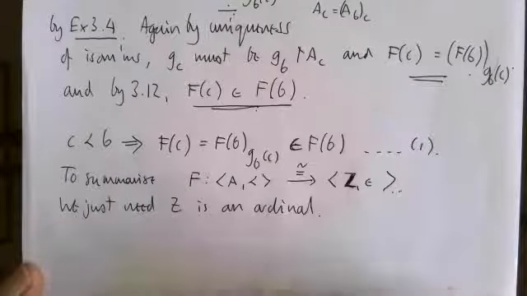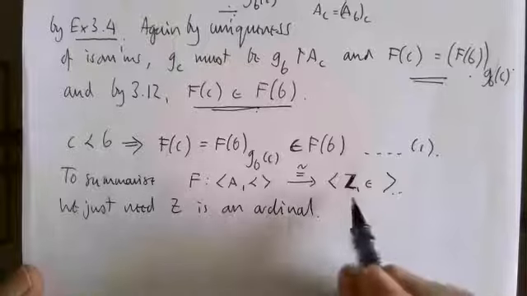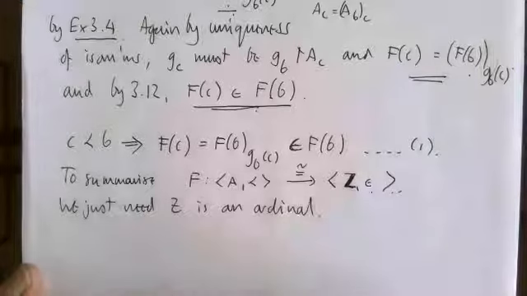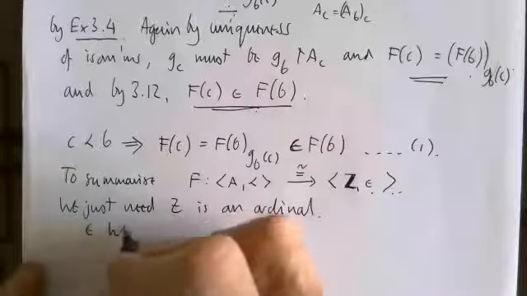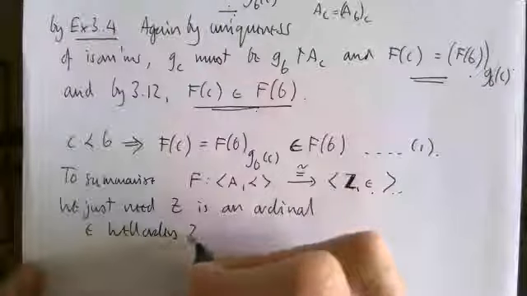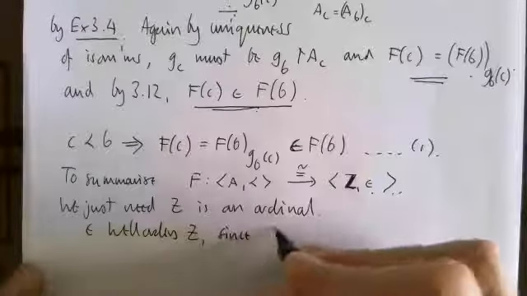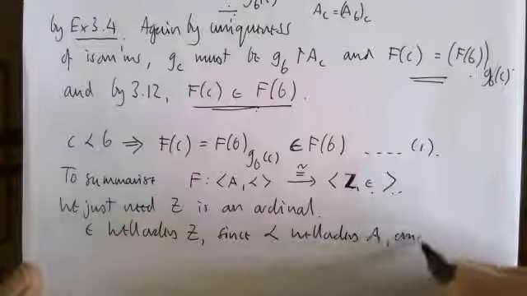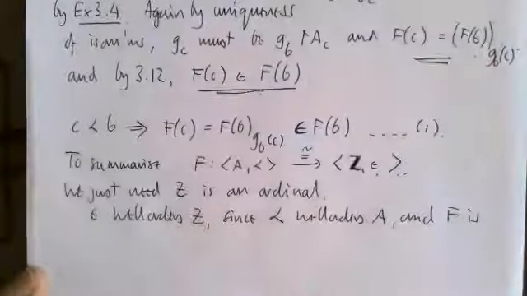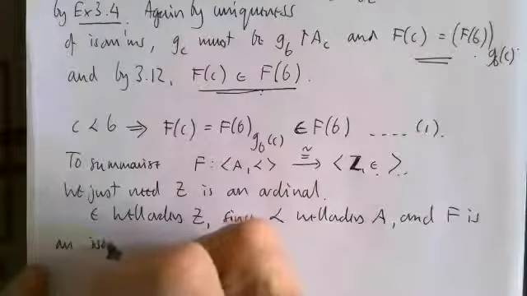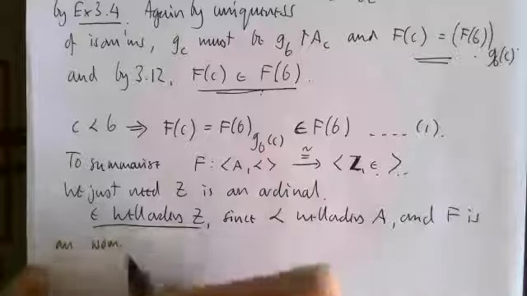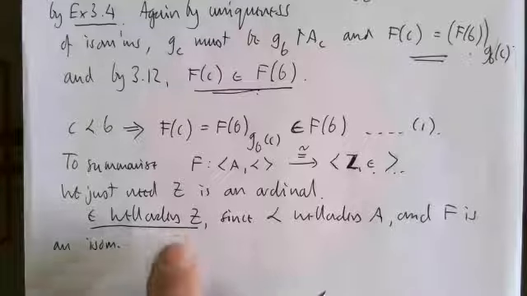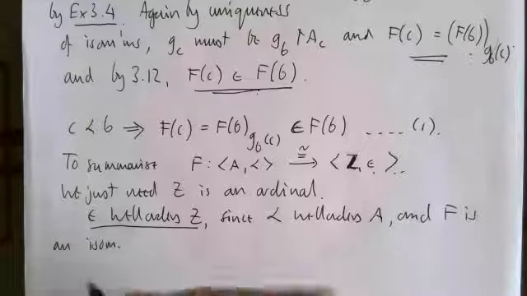Because F is an isomorphism, epsilon well orders Z, since less than well orders A, and F is an isomorphism.